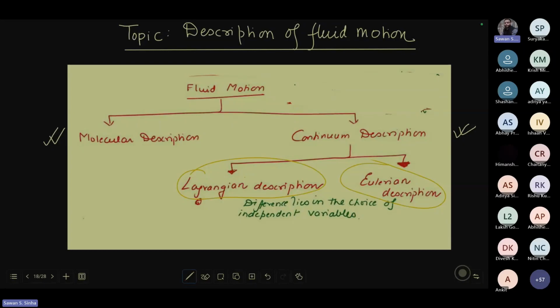After going over all that, we will realize that the most convenient way of describing fluid motion will turn out to be the Eulerian description under the heading continuum description. All right, that will be the final conclusion of this topic. But I will try to convince you why that is the best way for us to move forward.